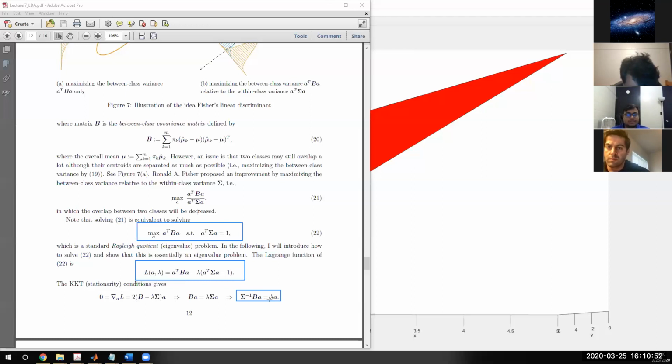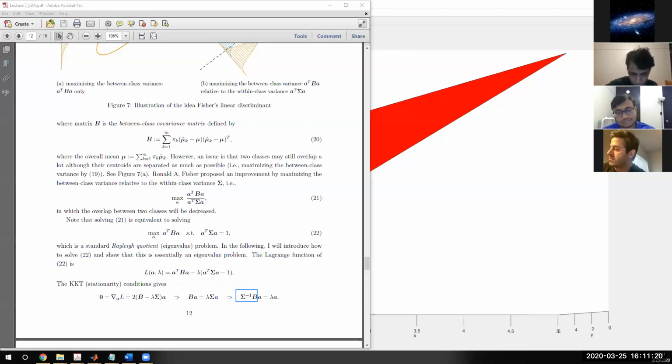From this expression, you should be able to recognize it immediately. Eigenvalues and eigenvectors, right? Lambda is the eigenvalue, A is the corresponding eigenvector of this matrix, sigma inverse B. Suppose this is the matrix, for example, matrix M. Then A is the eigenvector and lambda is the eigenvalue of M, right?